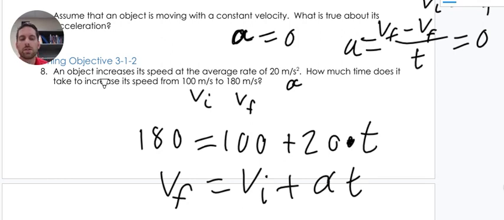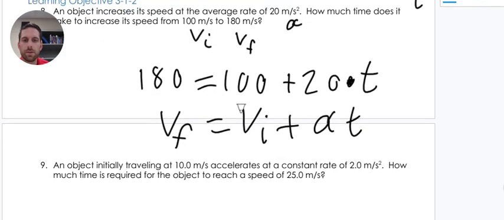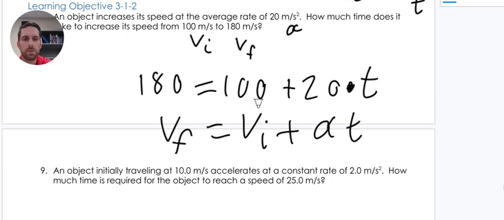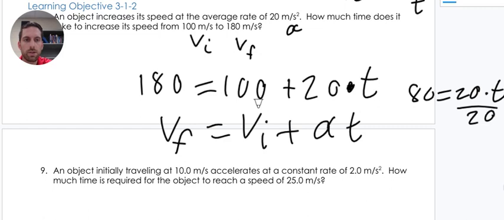It doesn't give us distance. All right, now I'm going to solve this out. Subtract 100 both sides. 80 equals 20 times t. Divide out 20. This is multiplication. t equals 4 seconds.